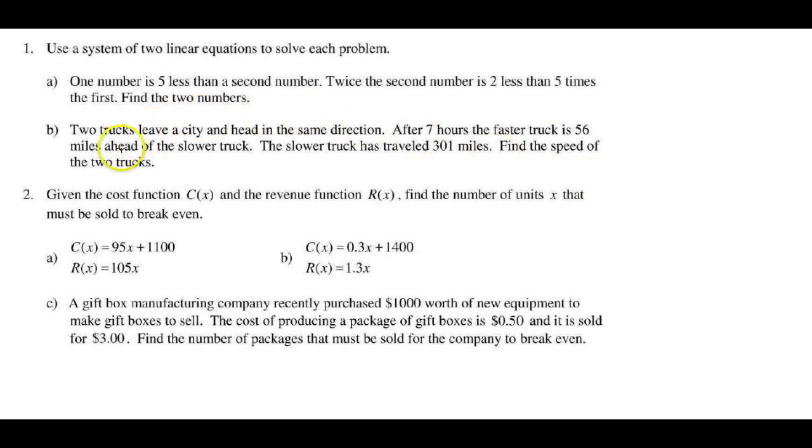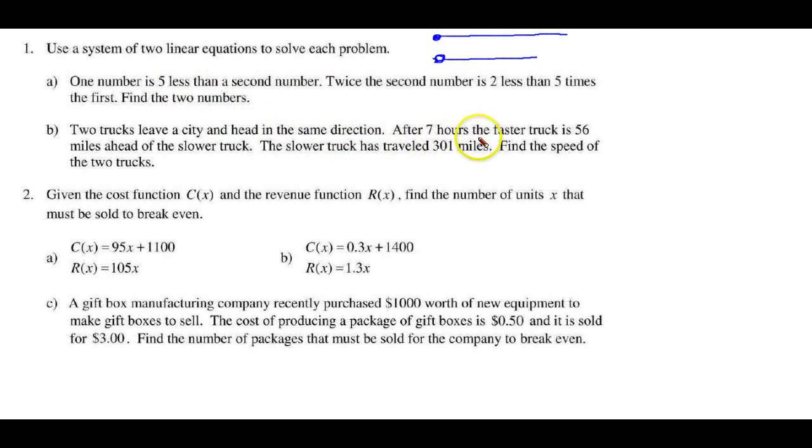Now in example 2, as we look at it, talks about two trucks that leave a city and head in the same direction. So a picture might be useful here. So these trucks are heading out and hopefully in the same direction.